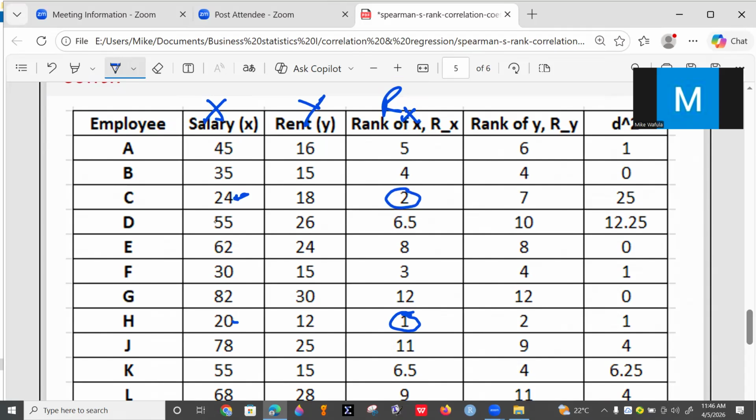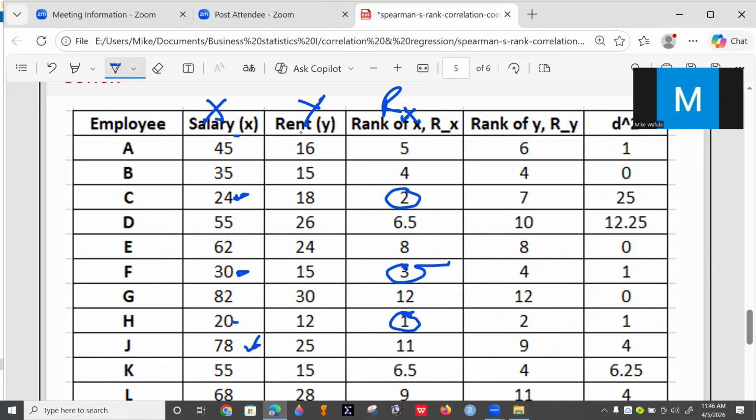Then the next one will be 30, which is 3, and I assign all of them from the smallest to the largest, which in this case appears to be 78. So we will have a column of ranked values of variable X.